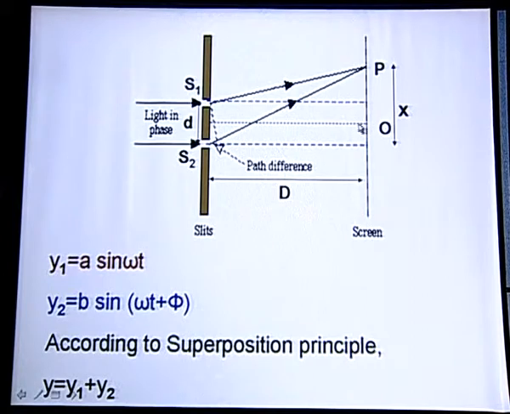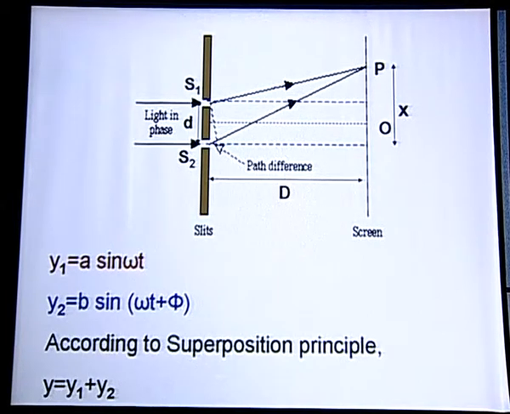Clear? Now this will remain d by 2, small d by 2, and this will also remain small d by 2. So please make this correction: this distance is x from the center up to this point.